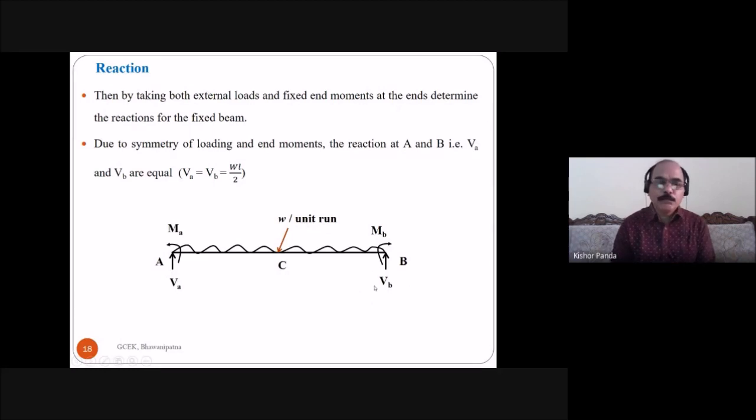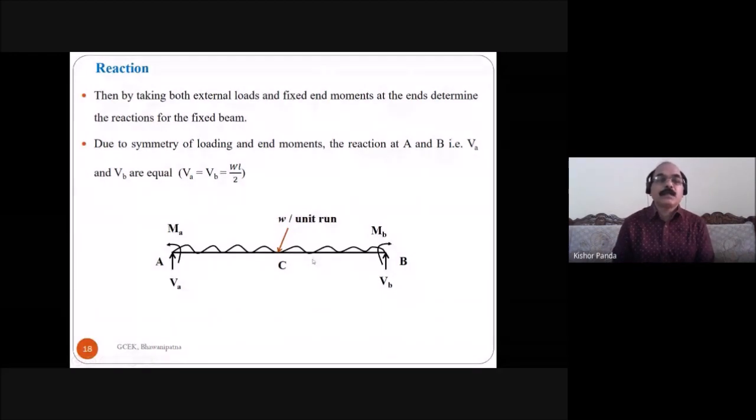But in a complicated case, if the loading is unsymmetrical, you have to take the moments to find out the reaction. If you have symmetrical loading, no need of taking the moment; the load divided by 2 is the reaction at both ends. Yes, so now you are clear how to find this reaction.